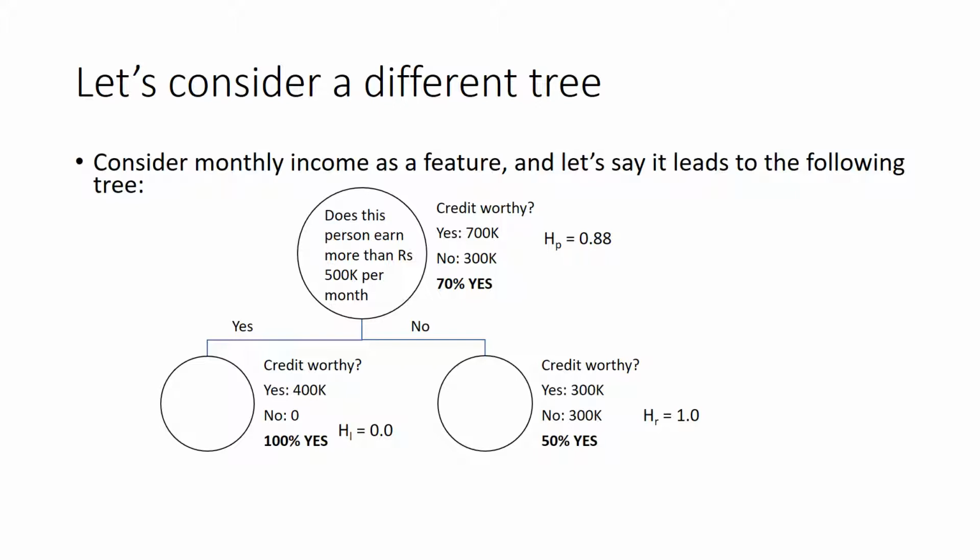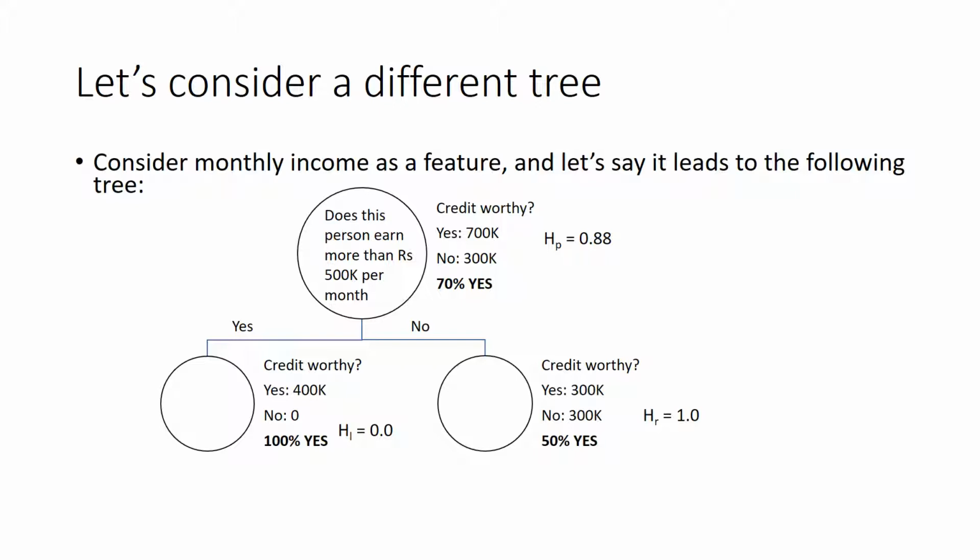But if the person earns more than 500K per month, let's assume for a moment that all the people who earn more than 500K per month are credit worthy, and there are 400K such people. So then in the yes branch you have 400K people, and all of them are rated as being credit worthy. None of them are not worthy of credit. So that's a 100% yes bucket.